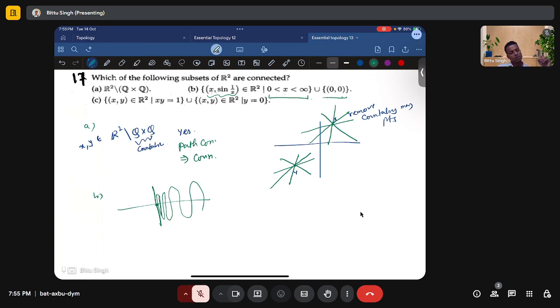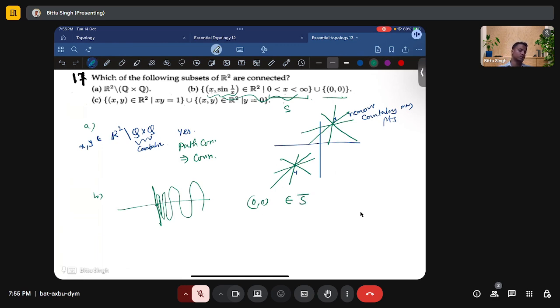Origin is counted. Now, we observe that the point (0, 0) belongs to the closure of this set. This part is S, the sine curve.